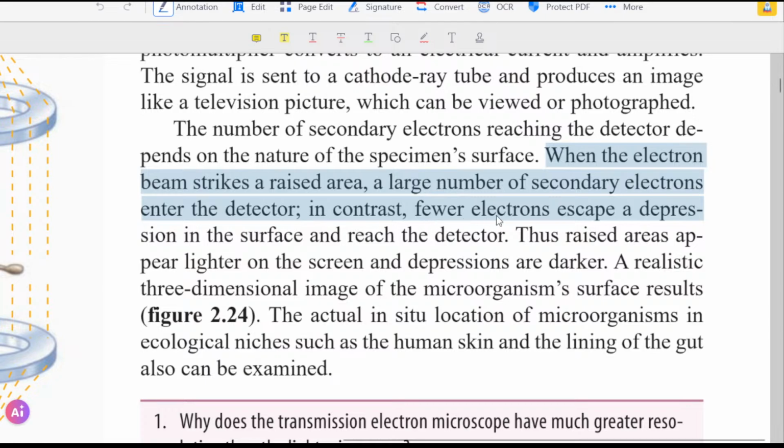In contrast, fewer electrons escape the depression in the surface and reach the detector. Why is that? The lifted area, the raised area, reflects more secondary electrons. It may be because the electron attack is stronger on the raised area, right?